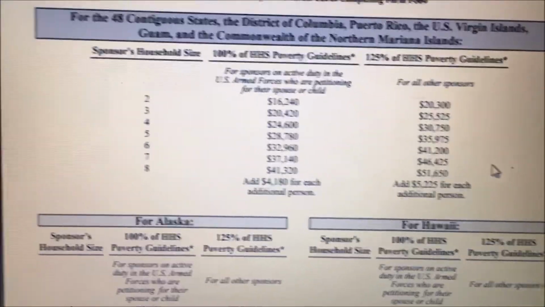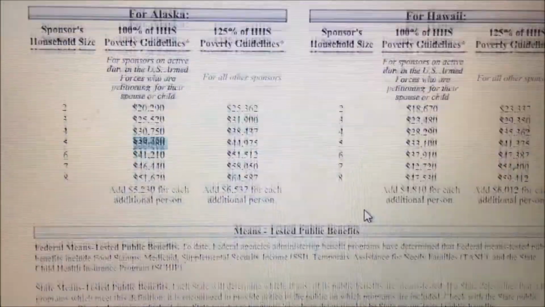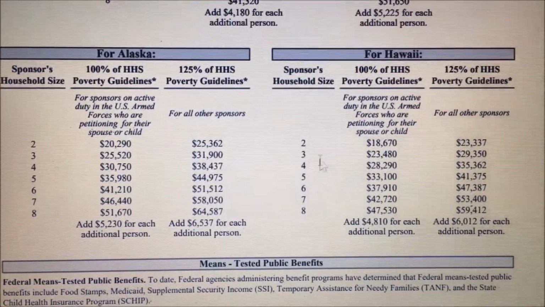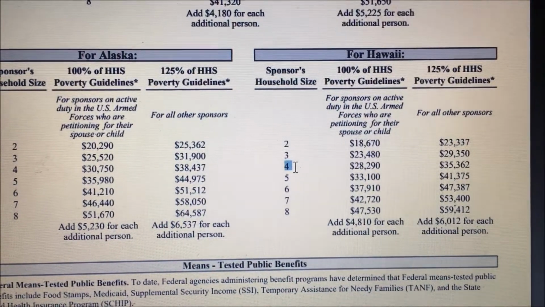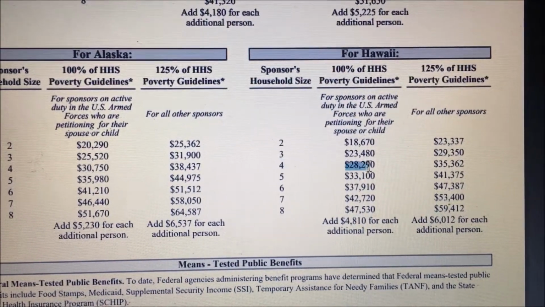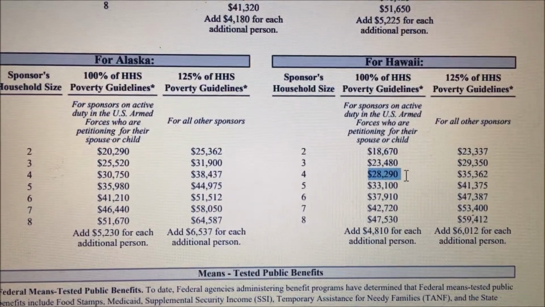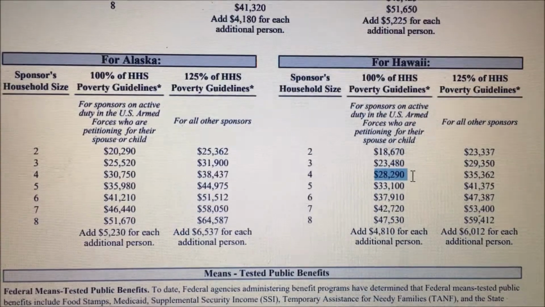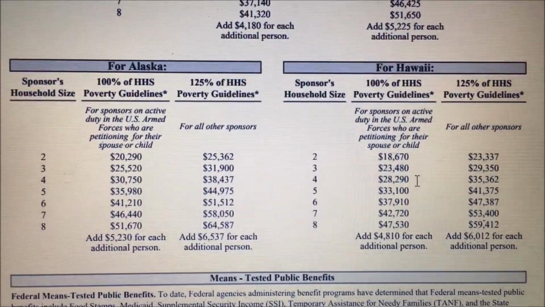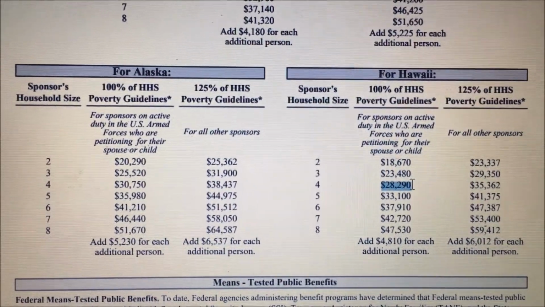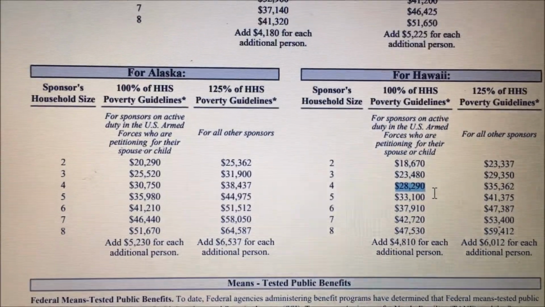Total household size is 4. If the petitioner lives in Hawaii, with household size 4, the 100% poverty guideline is 28,290. Meaning, 28,290 is the minimum income that the petitioner should meet. But if the petitioner does not meet this, you need to have a co-sponsor or joint sponsor.